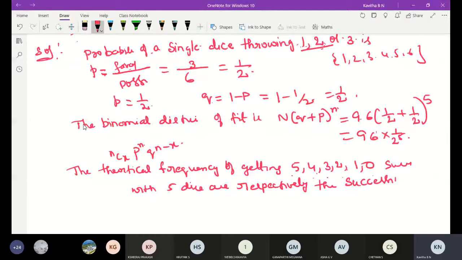Okay, they are respectively, observe here: 96 into 1 by 2 to the power of 5.